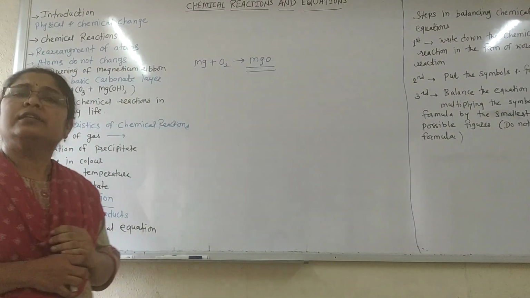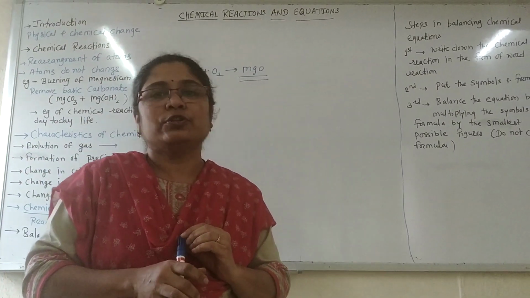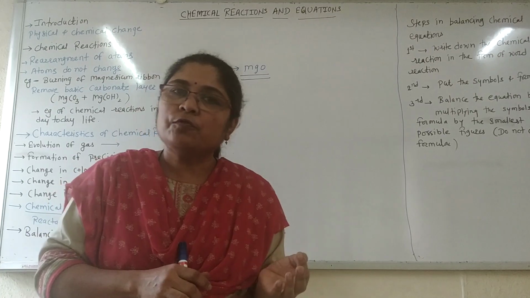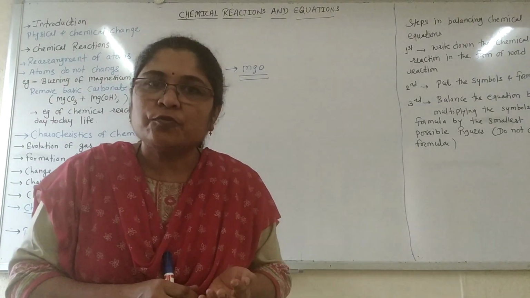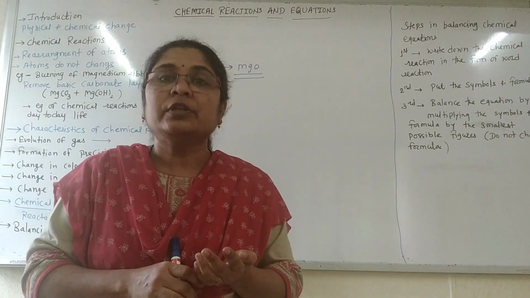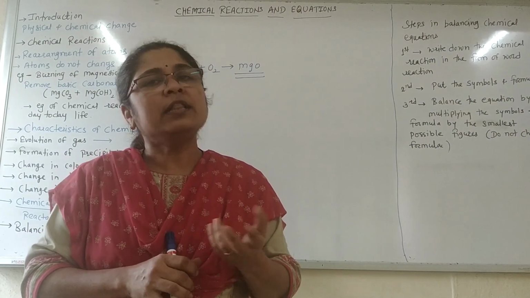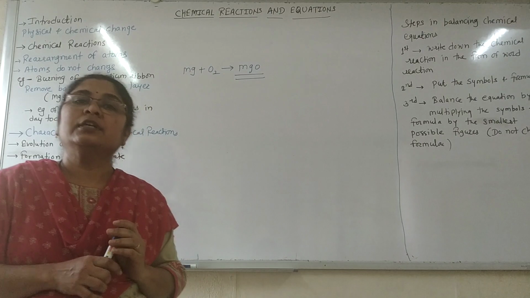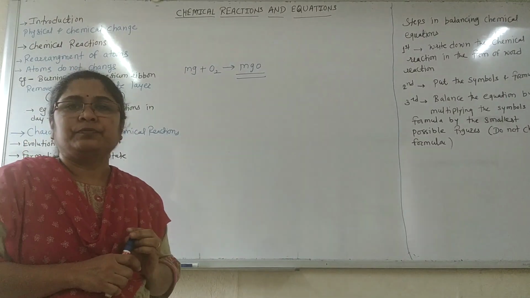There are different chemical reactions which occur in day-to-day life, like curdling of milk, digestion of food, respiration, rusting of iron. All these are types of chemical reactions which occur in day-to-day life.